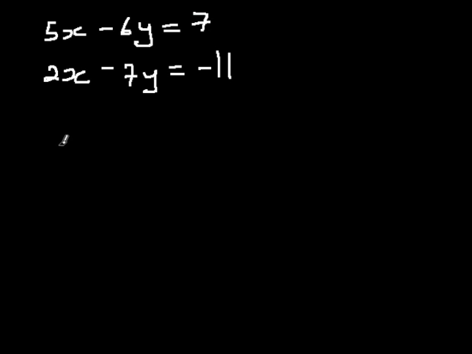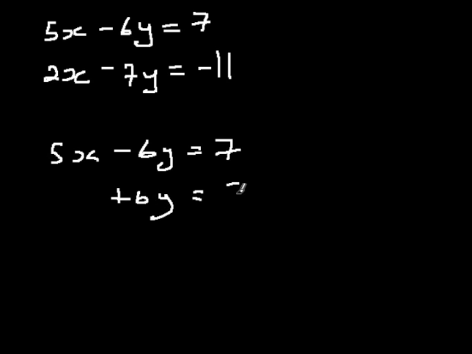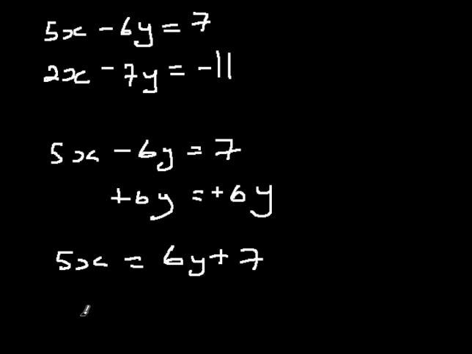All right, since we know that 5x minus 6y is equal to 7, then we can add 6y to both sides of the equation, and that produces 5x is equal to 6y plus 7. And now we can divide both sides by 5 in order to get the value for x.